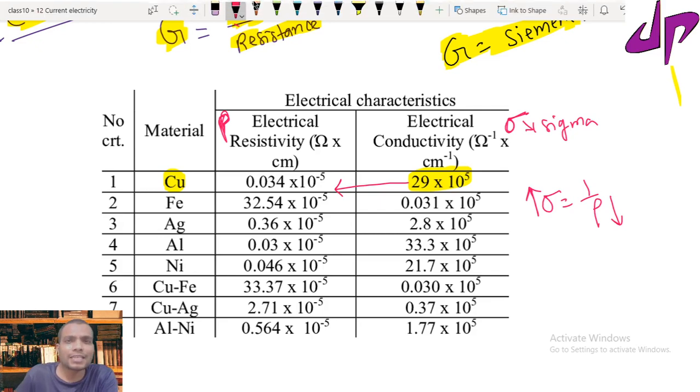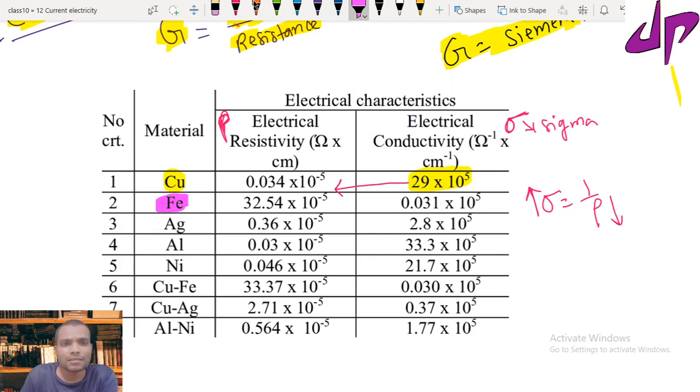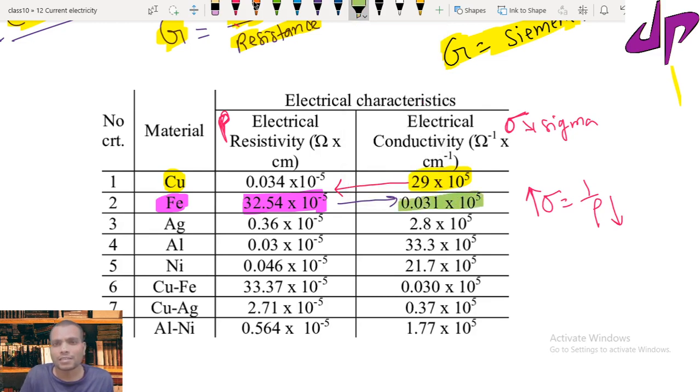Next, below it, iron. Iron has high electrical resistivity. If electrical resistivity is more, obviously the conductance is less. So its conductance value is very low because it has high resistivity.